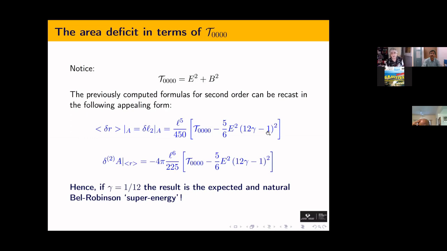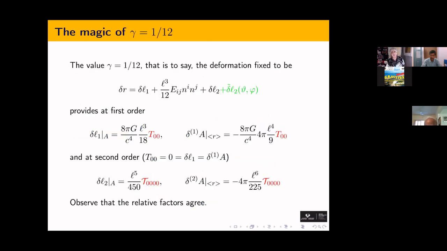And this is a very appealing form, because we can get, in both cases, the Bell-Robinson time-like component if we choose gamma, which I remind you is the proportionality factor between the spin-two deformation and the electric part, to be 1/12. So if we put gamma equal to 1/12, this disappears, and we get just the Bell-Robinson tensor. Now, this value of gamma is magical.